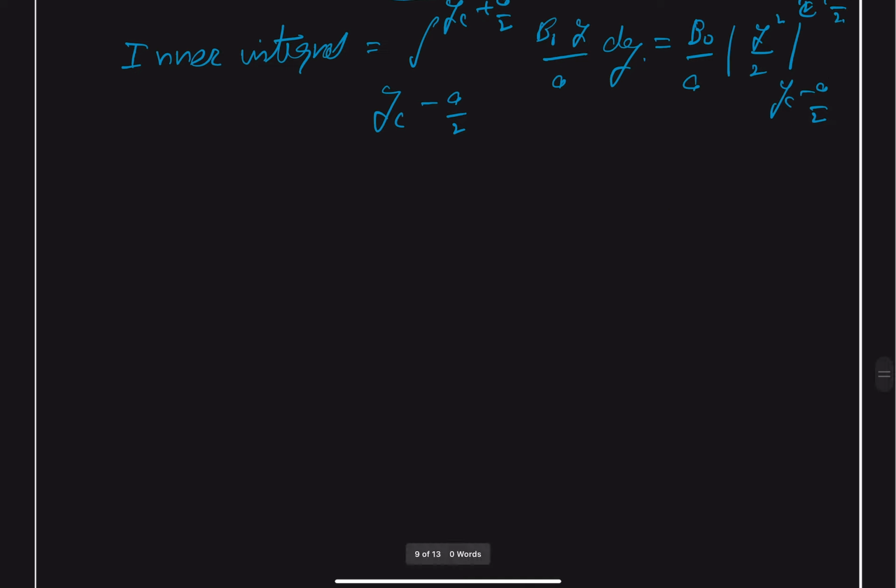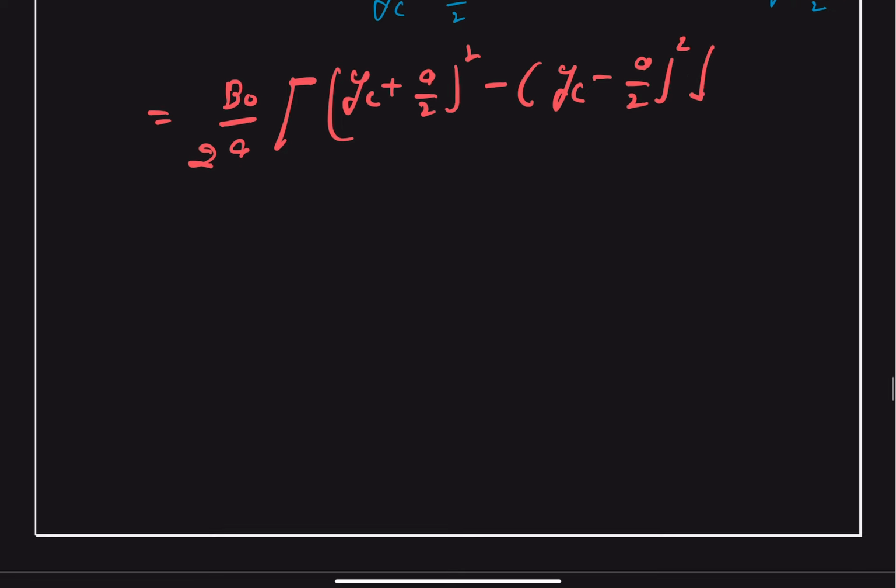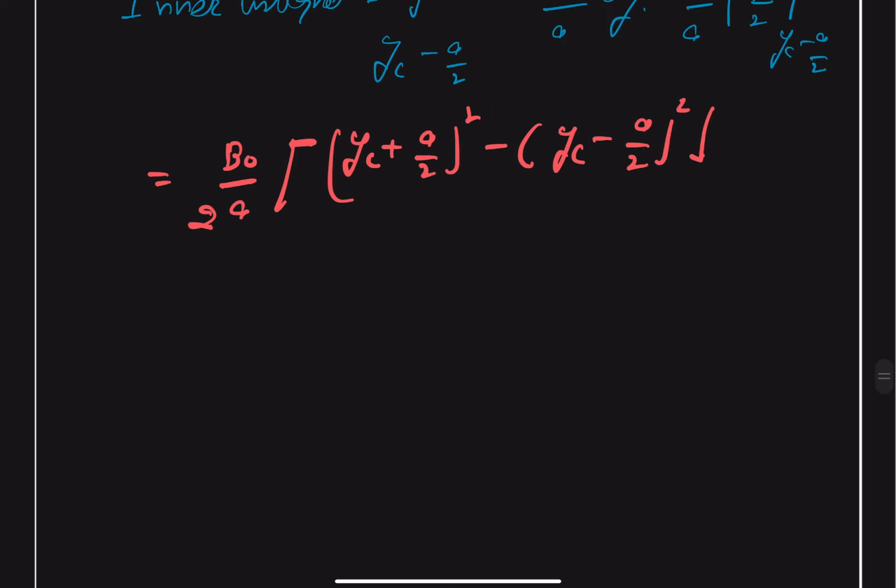Now we substitute it. We get b naught by a, and 2 we can take common, so we can write this as yc plus a by 2 whole square minus yc minus a by 2 whole square.